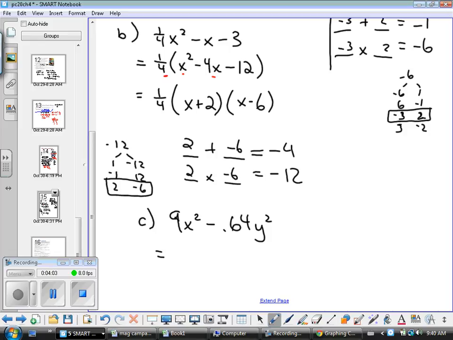This isn't a quadratic function because it has an x squared and a y squared term, but it is an expression that you can factor. So we take the square root of the first term plus the square root of the second term, and we take the square root of the first term minus the square root of the second term. And that's it. That's the answer for that one.